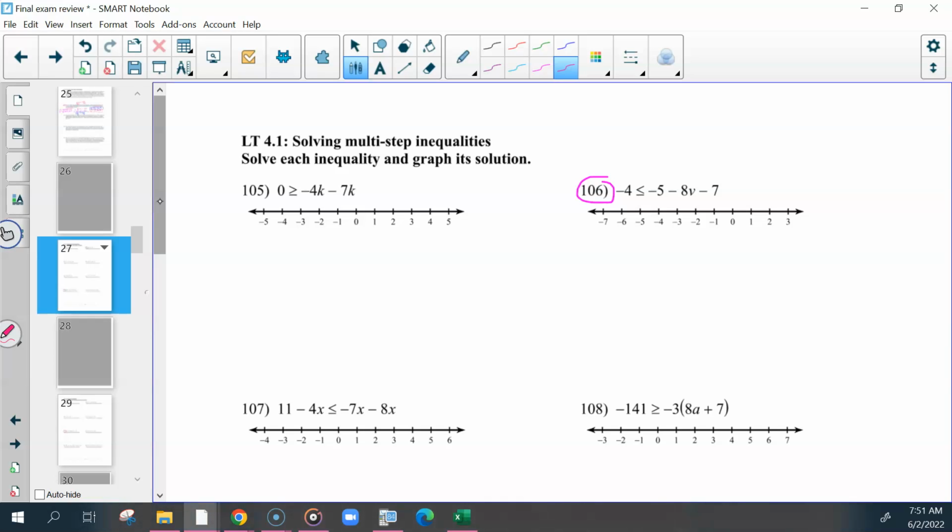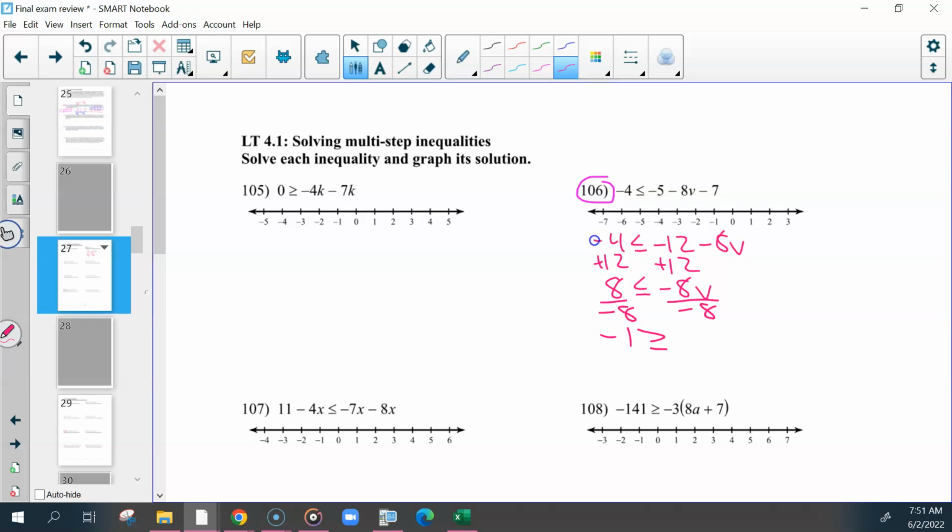So for 106, to solve this, we could combine our like terms. That would be negative 12 minus 8. Add 12 to the other side. We have 8 is less than or equal to negative 8b. And divide both sides by negative 8, so your sign is going to change direction.